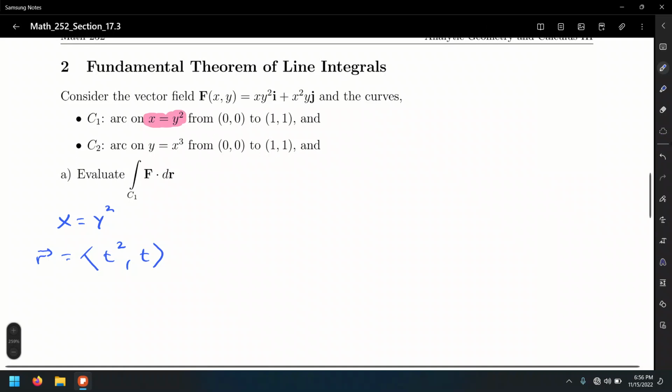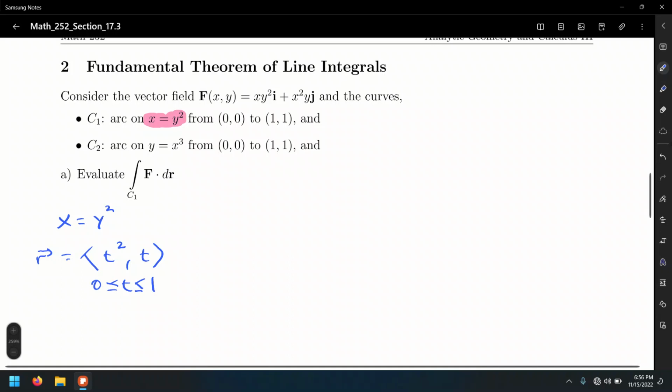And again, one of the advantages of just letting the independent variable be t is that in this case we know for sure that t will vary between 0 and 1.